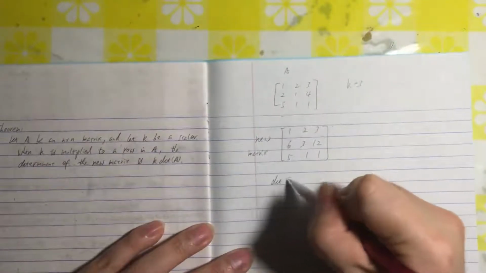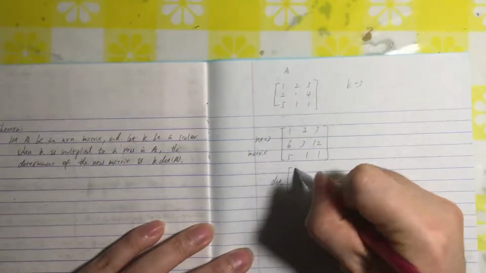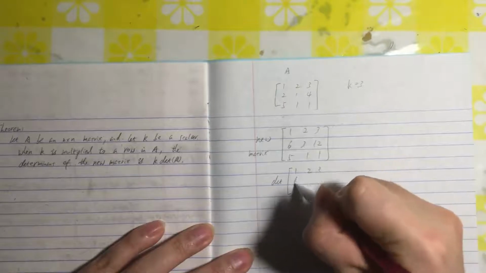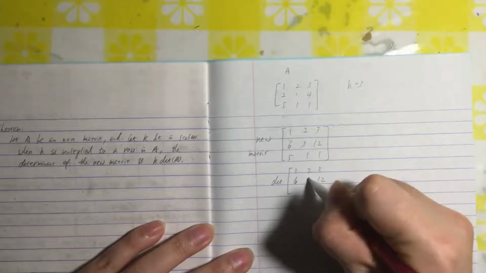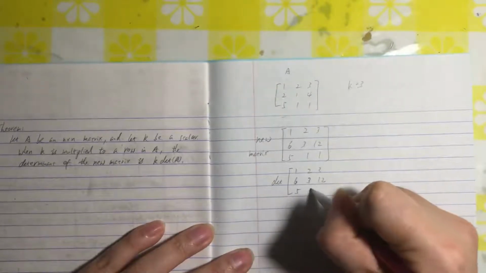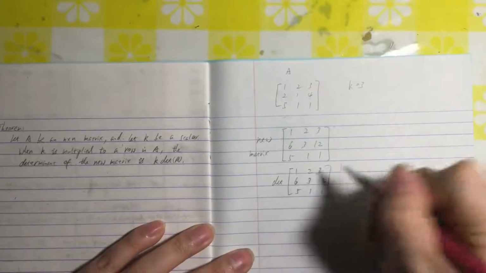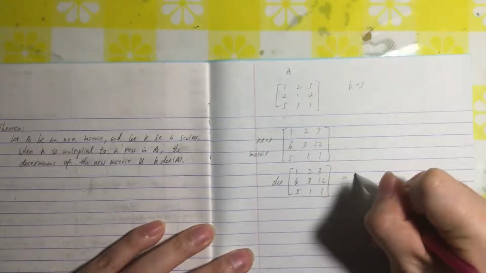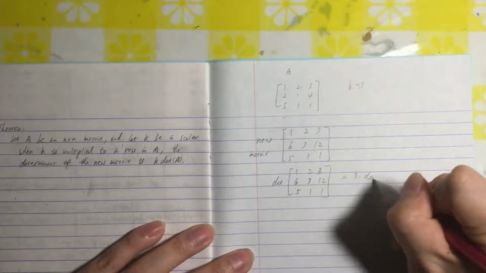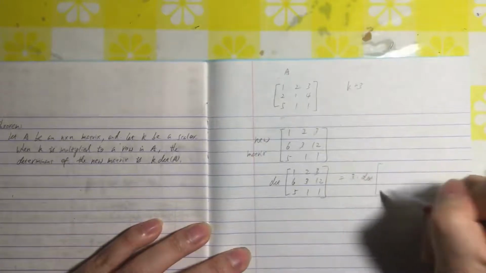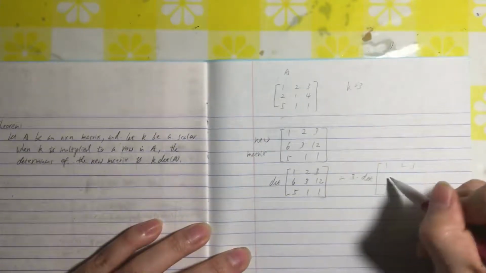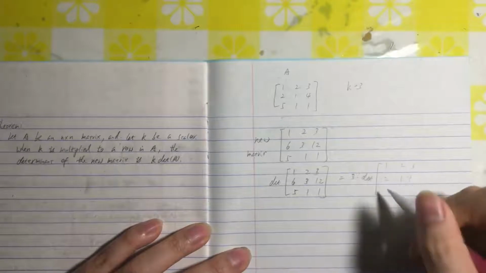That's a new matrix. This theorem says the determinant of the new matrix is the same as K times the determinant of matrix A. That's what this theorem says.